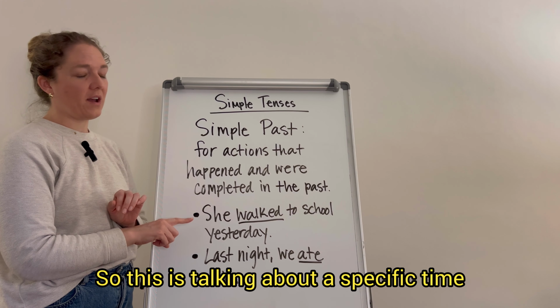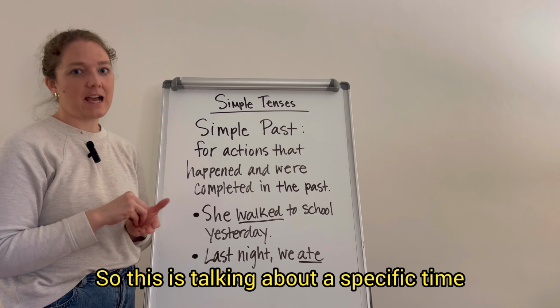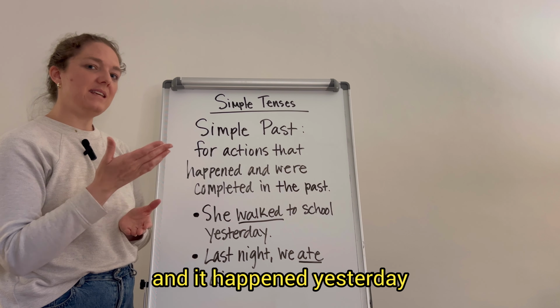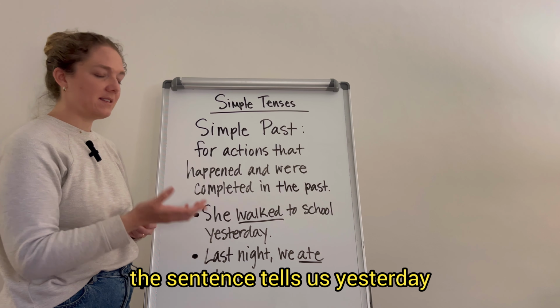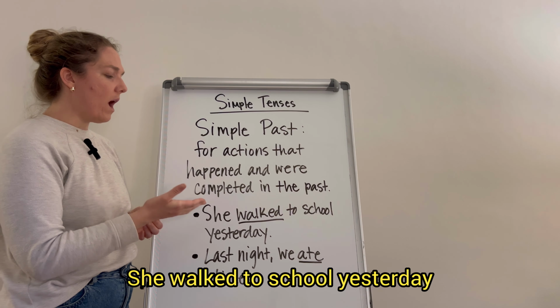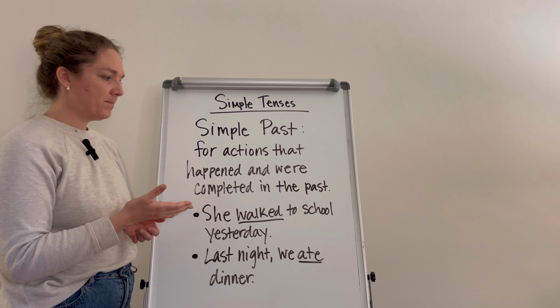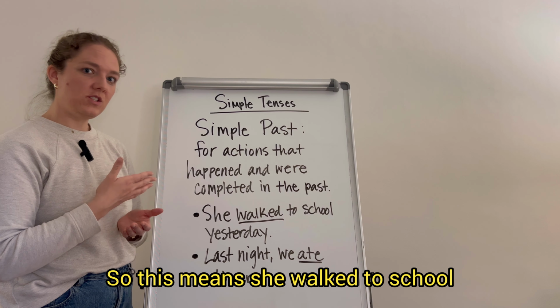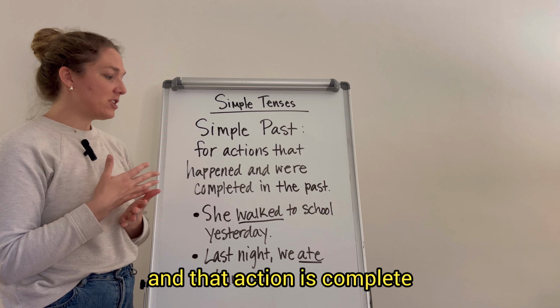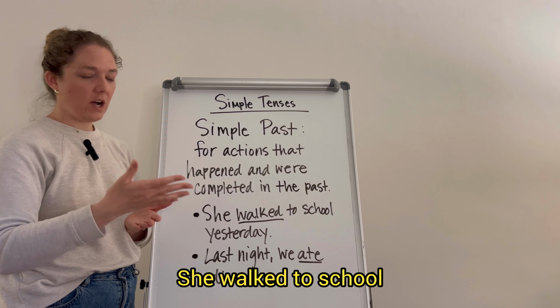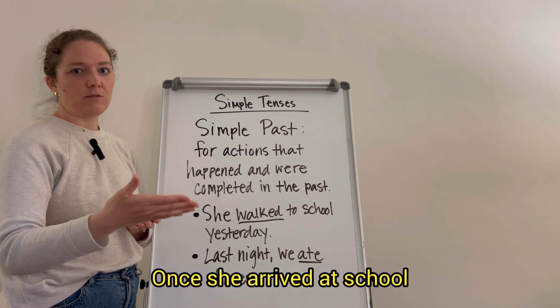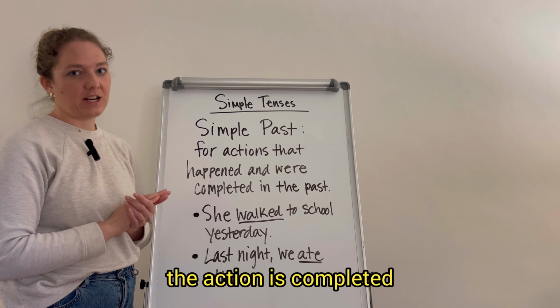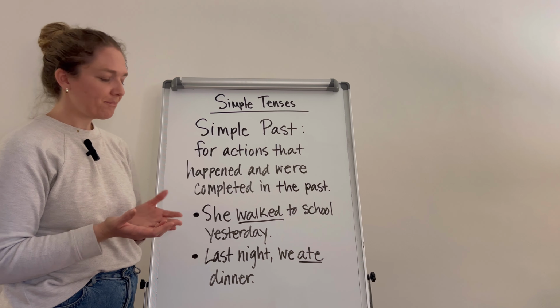This is talking about a specific time, and it happened yesterday. The sentence tells us yesterday. She walked to school yesterday. So this means she walked to school and that action is complete. Once she arrived at school, the action is completed.